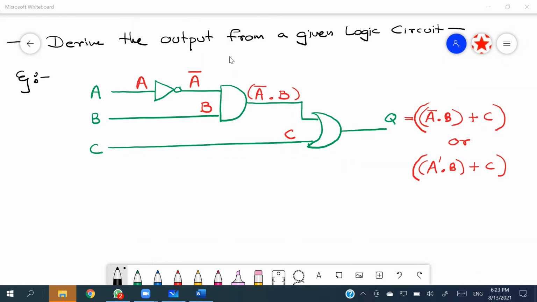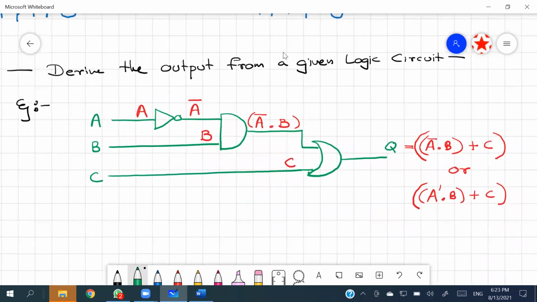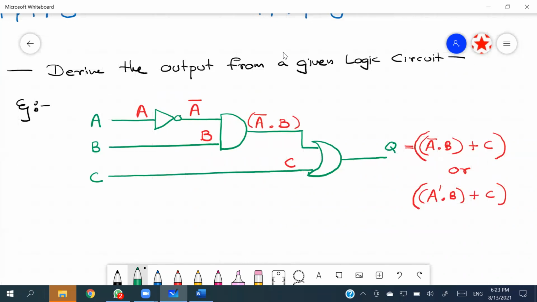Right, and I'll write the question over here. Deriving. I'm sorry, it's not very clear.